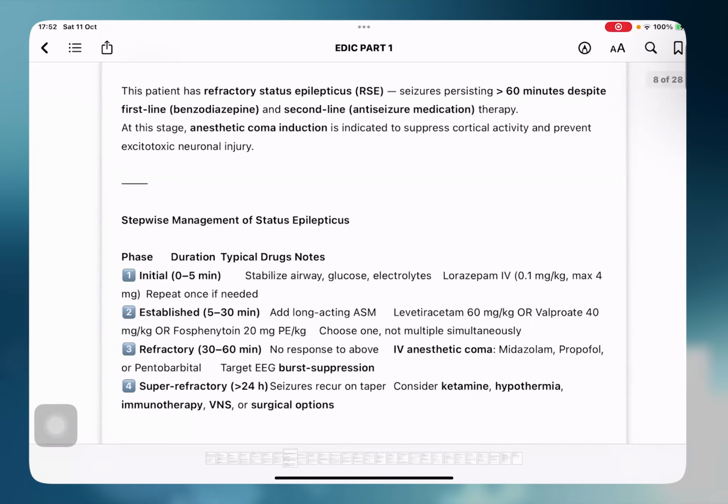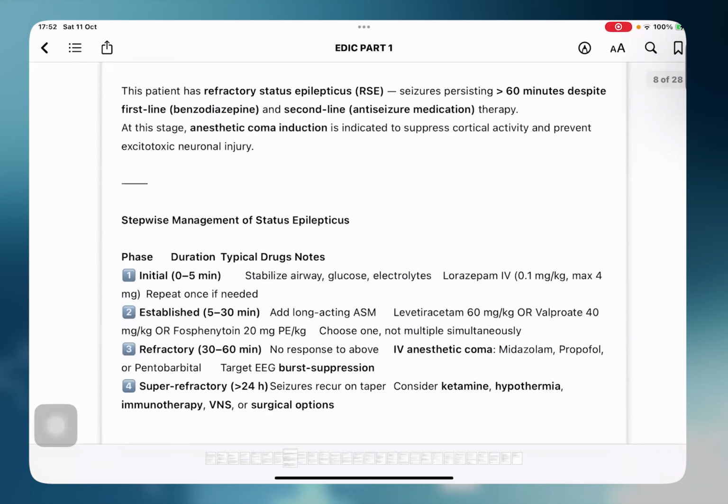Then there is the refractory phase, when it has gone beyond 30 minutes to 60, with no response to any of the medications. Now the treatment would be to induce an anesthetic coma, with midazolam, propofol, or pentobarbital. What is the target to treat? The target is EEG burst suppression. Now there is another terminology, super refractory status epilepticus, which is when you've already utilized three or more drugs and the seizure has persisted beyond 24 hours.